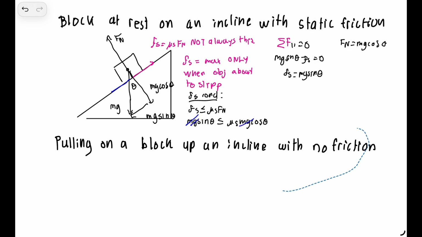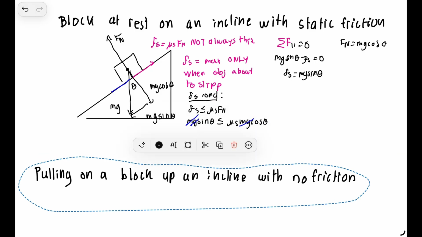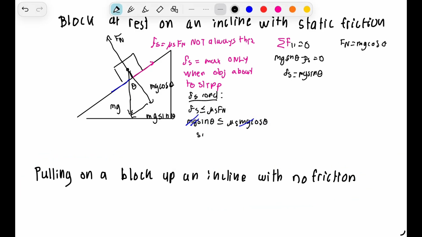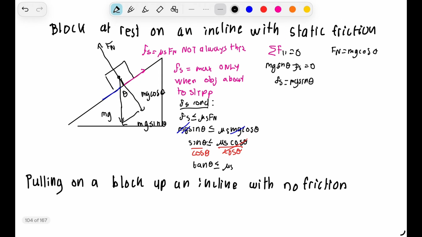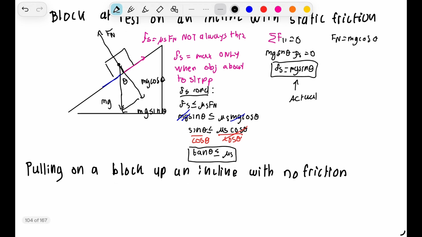So our condition is going to be when we have sine theta less than or equal to mu s cosine theta. That's going to be when tan theta is less than or equal to mu s. So Fs is equal to mg sine of theta. This is going to be our actual, but our condition for rest is this.